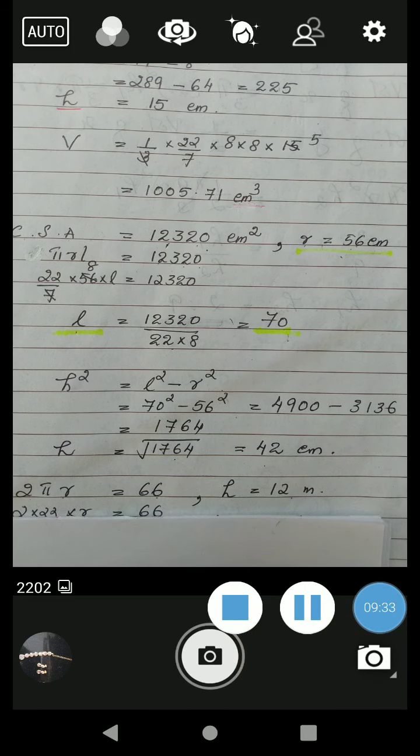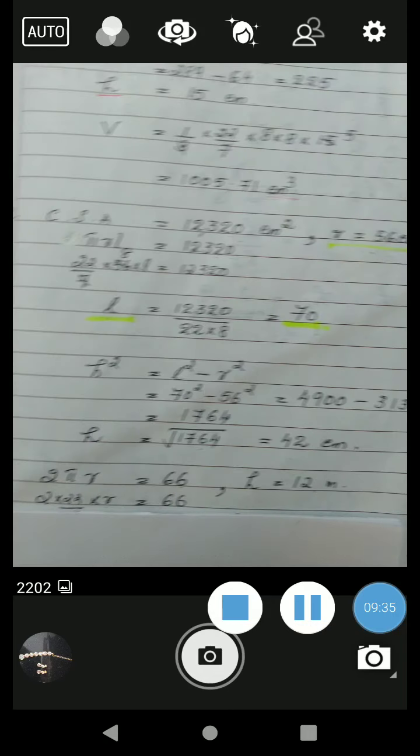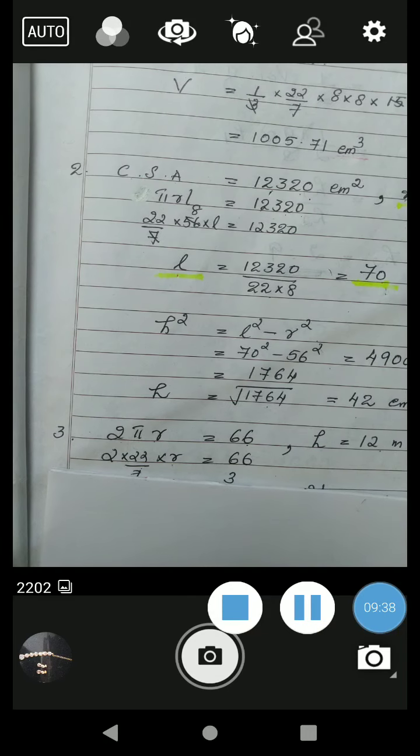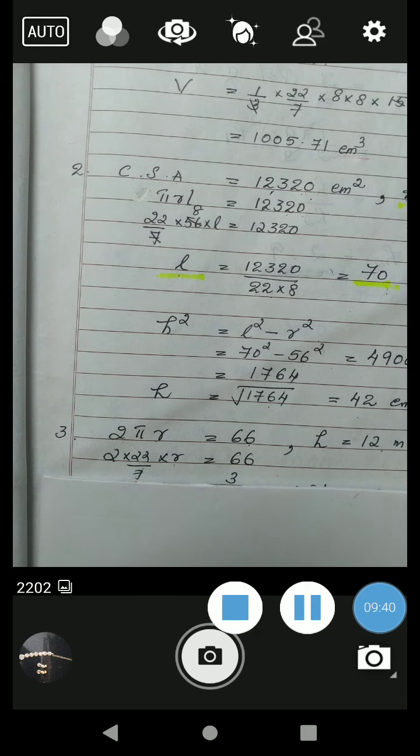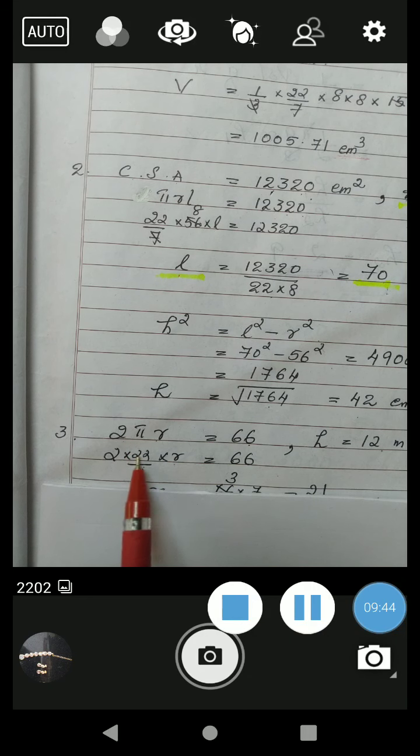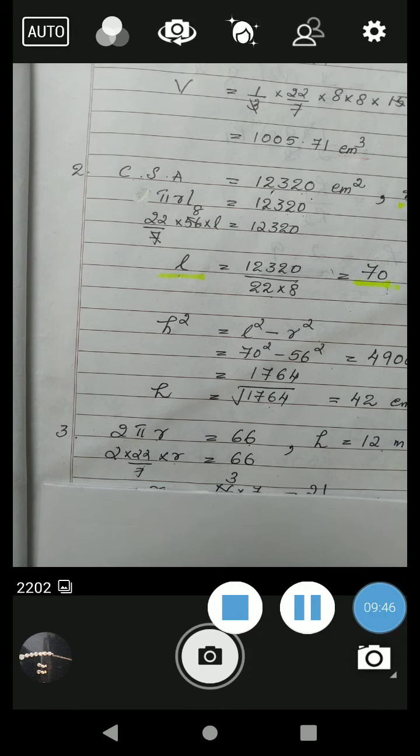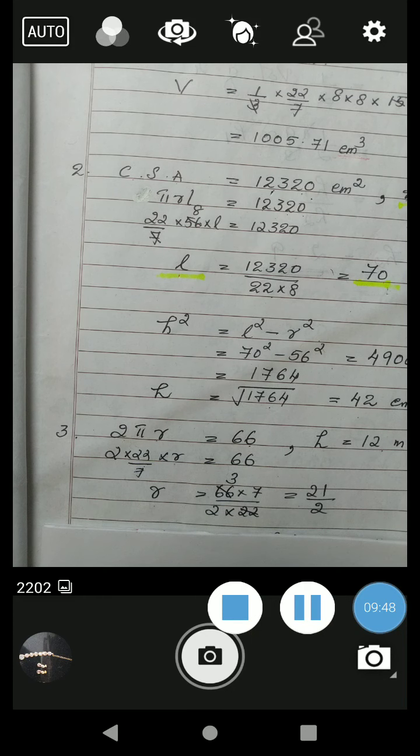So we can write 2 pi r is equal to 66 and h is equal to 12. Substitute value of pi here and you can find r. When you solve this, you will get r is equal to 21/2.